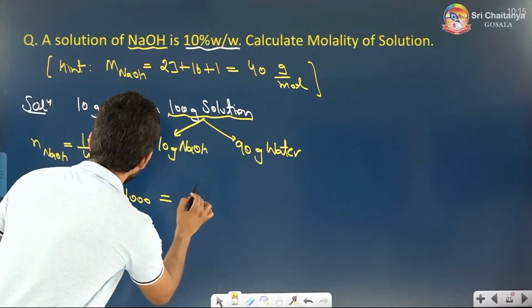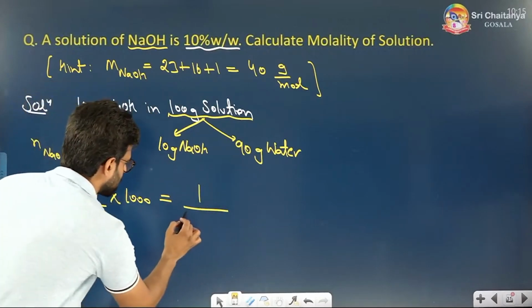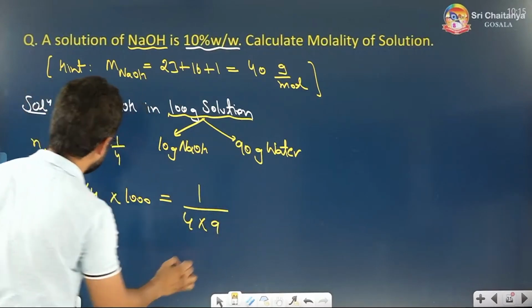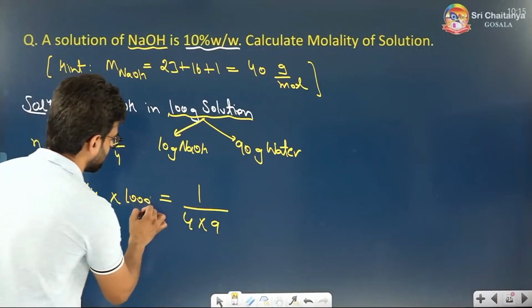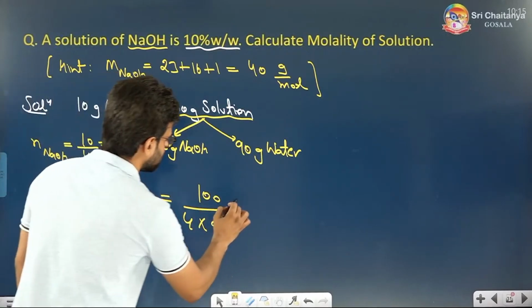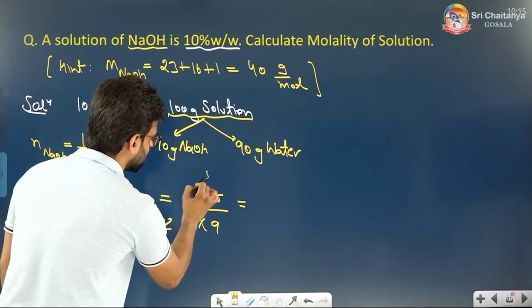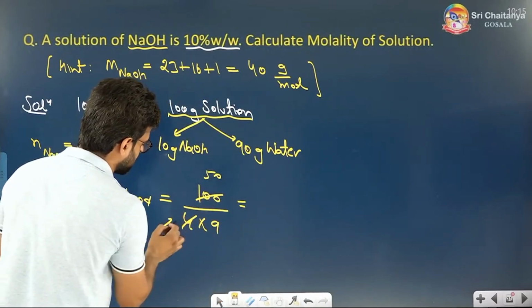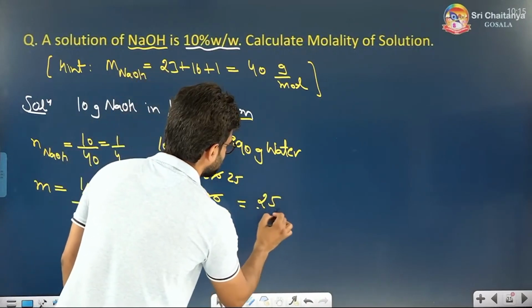If you solve this thing, 1 by 4 will come and 9 will come, right? And if I cut down 1 0, so what is coming here? 100. That means further you can cut it down. 2 is coming, 50 is coming, right? Or 25 directly you can say, right? So 25 by 9.